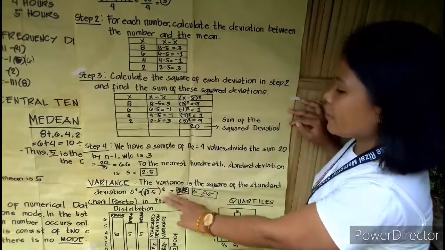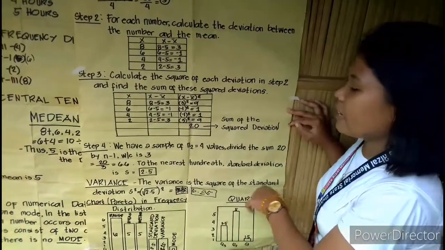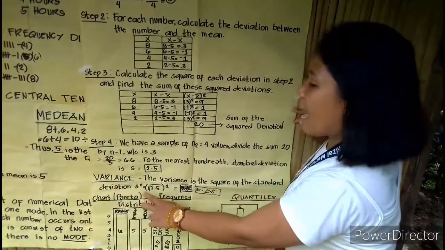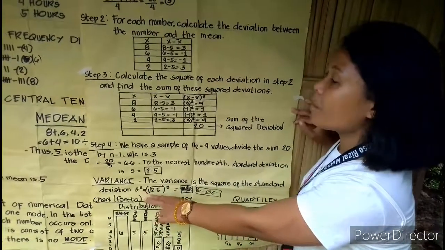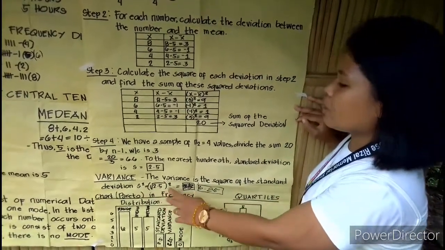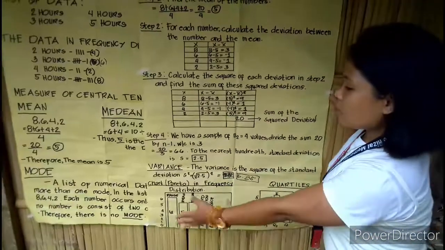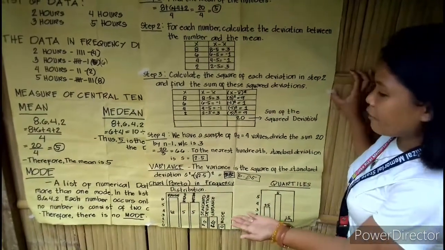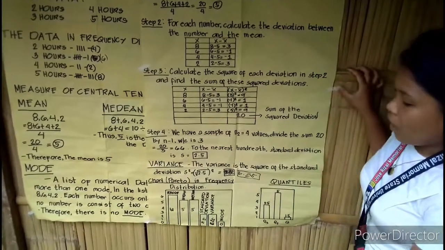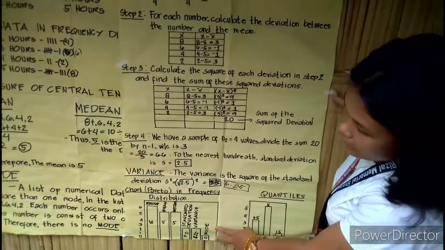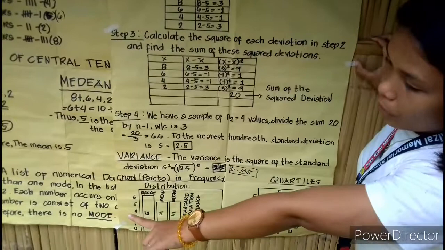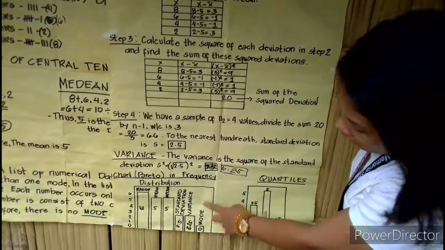Variance. The variance is the square of the standard deviation. S squared is equal to 2.5 squared is equal to 6.25. Pareto chart in frequency distribution. Our mode here is 0 since we don't have a mode.